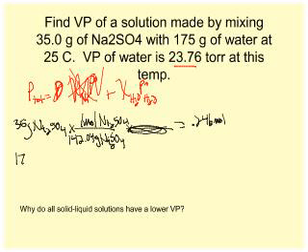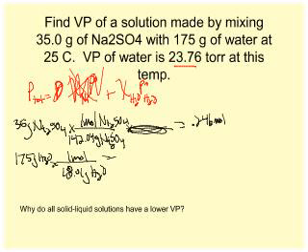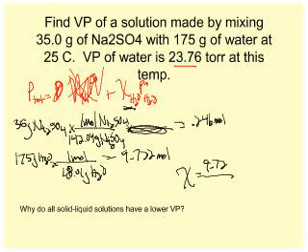I have 175 grams of water. Basically the same deal. 18.01 grams of H2O per 1 mole. 175 divided by 18 is 9.722 moles. So I need to know the mole fraction of water. So the mole fraction of water equals 9.72 over 9.72 plus 0.246.